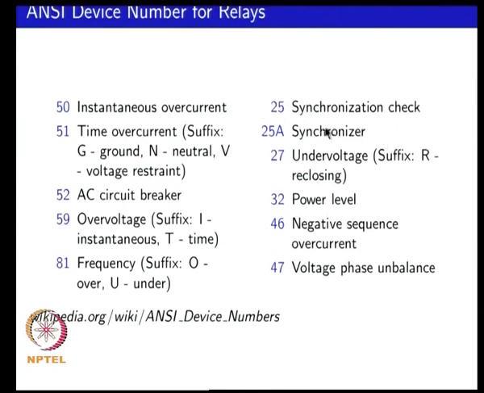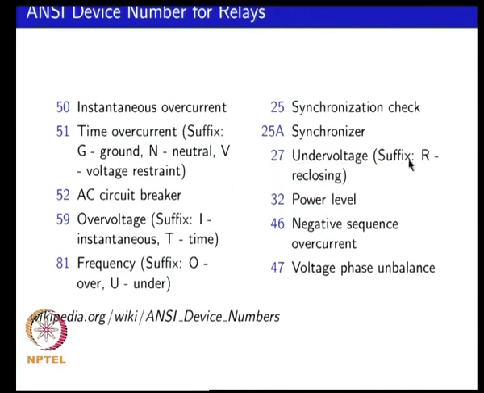Okay. Then you could have synchronizers which explicitly give the command to change your frequency setting or your voltage amplitude setting. Suppose it is to a machine, it might give commands to a governor or an exciter to change the operating point. You could also have undervoltage relays, again instantaneous or time.